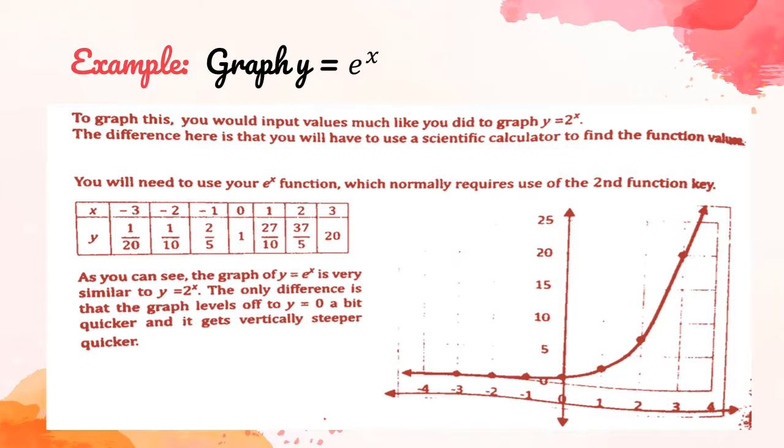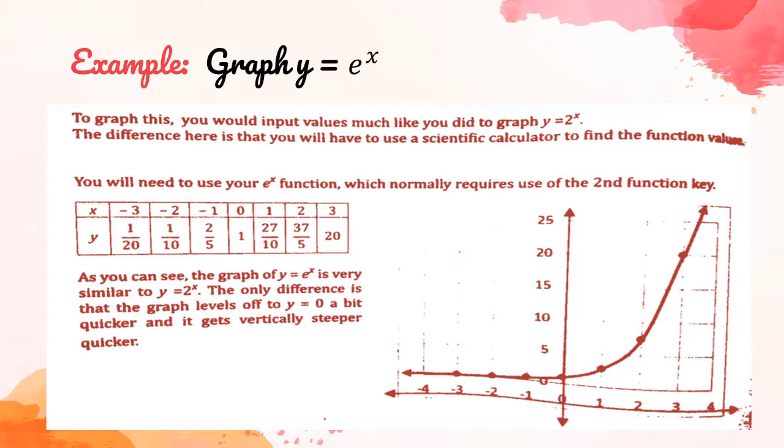So, ibig sabihin, class, dito sa graph natin, ang value daw po ng ating letter E ay yung 2, which is yung base natin. Then, yung exponent, yan po yung bibigyan natin ng value para makagawa tayo ng table at makagawa tayo ng graph. Okay, you will need to use your e raised to x function, which normally requires use of the second function.